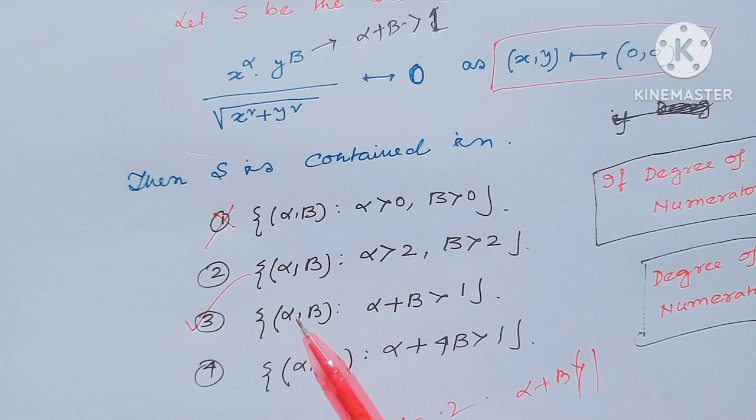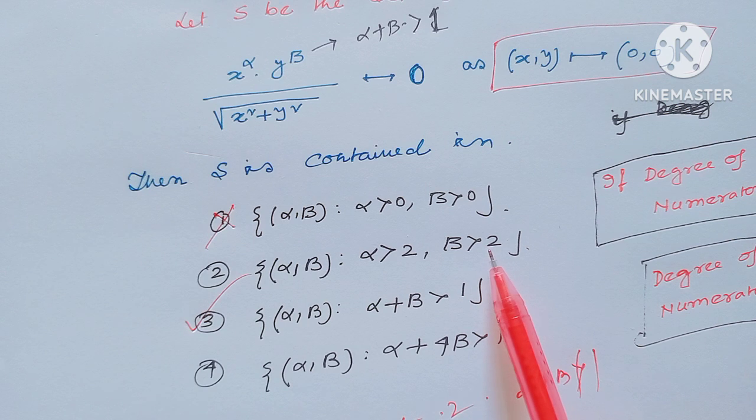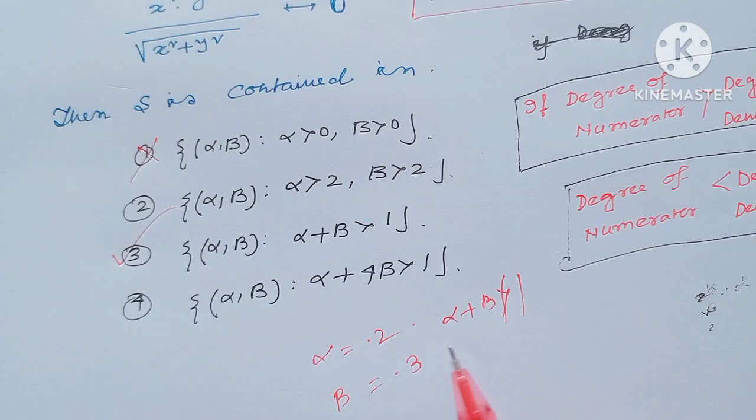And option 2 says those (alpha, beta) such that alpha is strictly greater than 2 and beta is strictly greater than 2. For this, the option is not true.